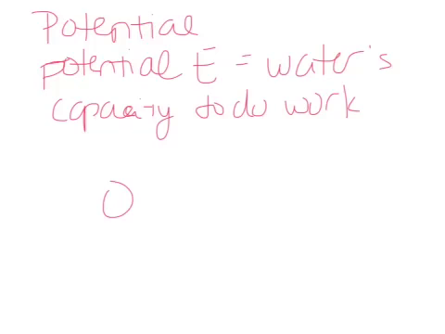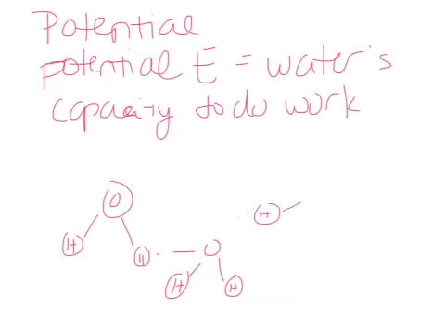If you remember, water forms hydrogen bonds between other water molecules. What happens when you add solutes to the water is it interferes with these intermolecular forces between the water molecules.